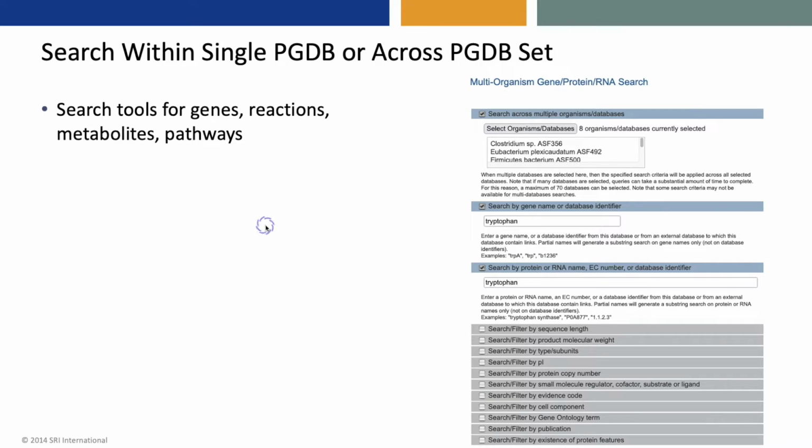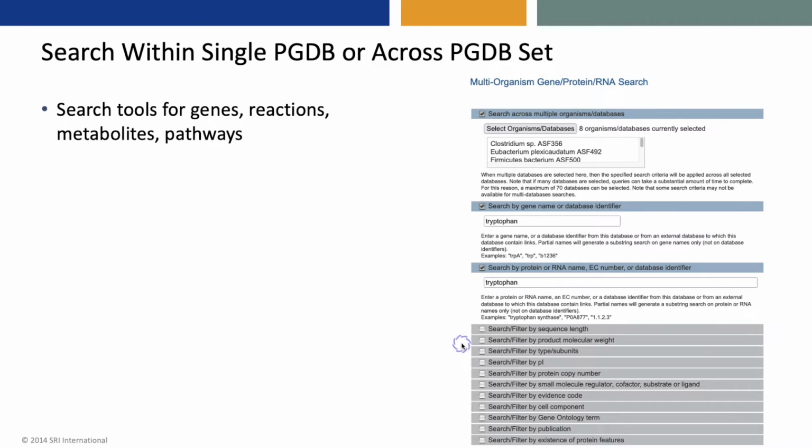Now, I thought I would emphasize our search tools. We have multi-search tools for genes, reactions, metabolites, and pathways. Here I'm showing the gene search tool. And first, I want to emphasize that this tool allows multi-criteria searches to the genes within a single PGDB or a set of PGDBs.